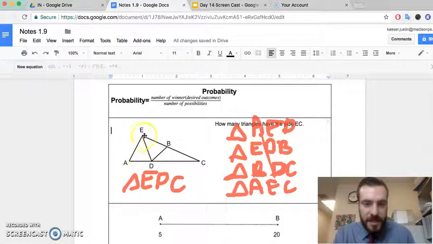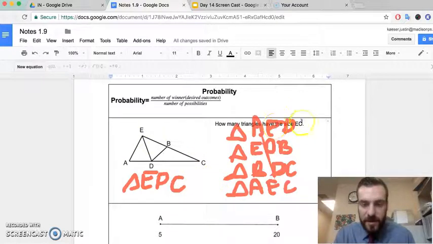Triangle EBD does not have EC. BDC, again, not EC. AEC, yep, that one has EC. And EDC also has side EC.